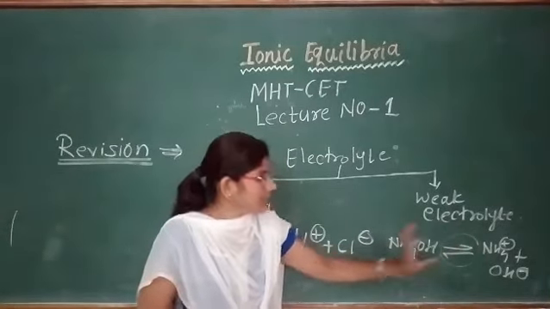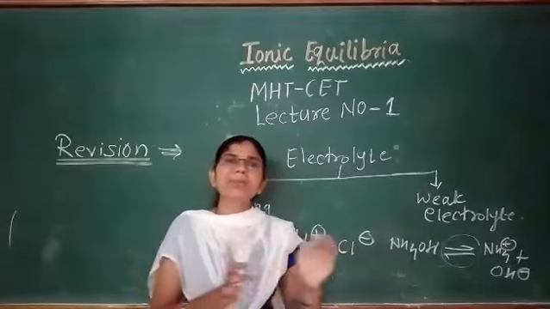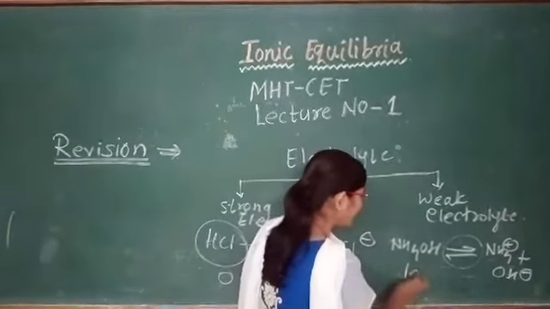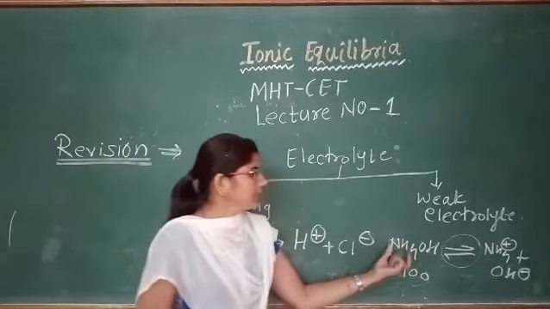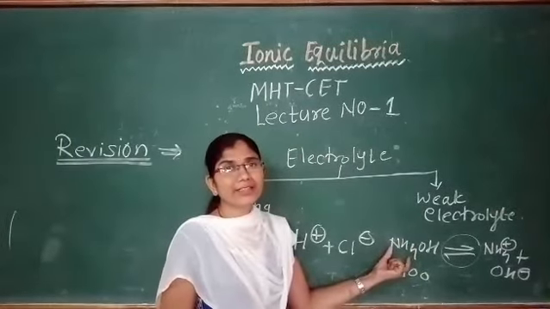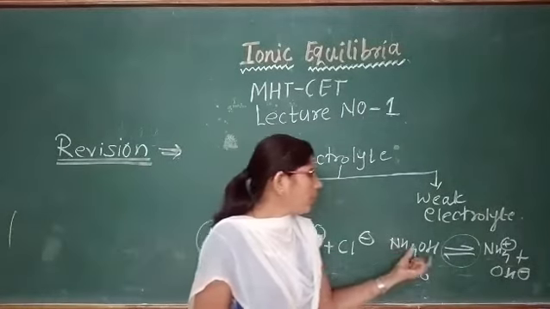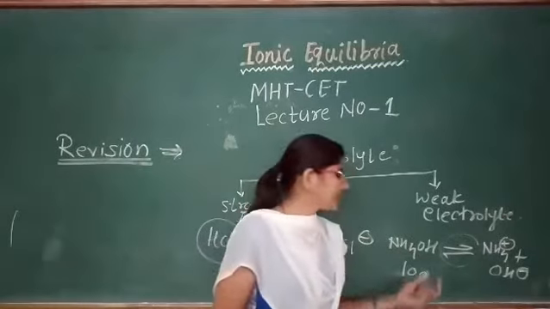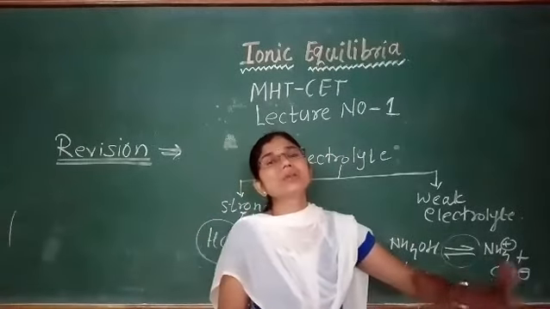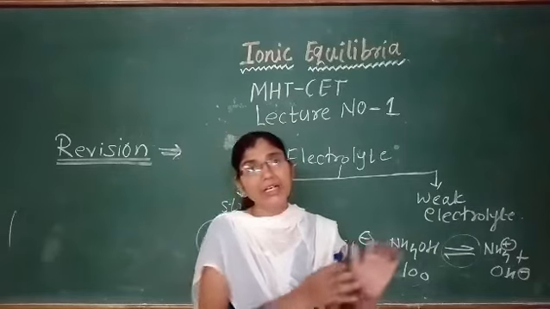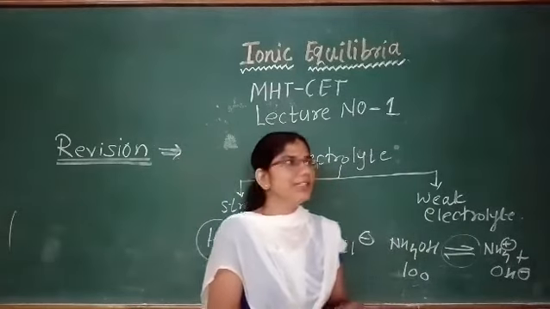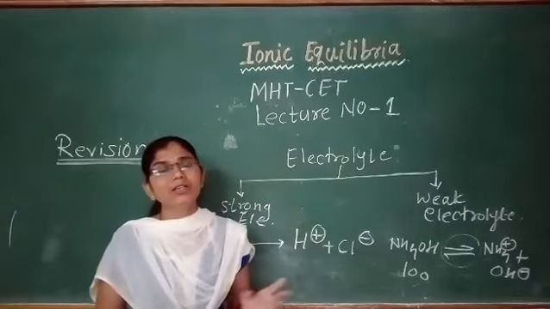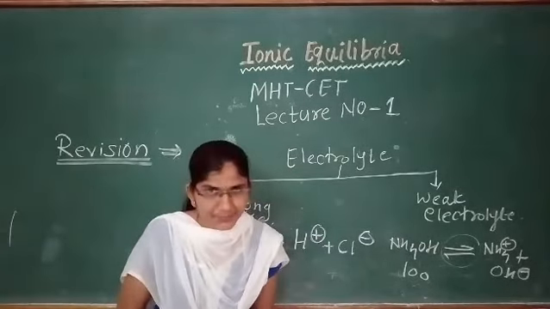But a weak electrolyte dissociates partially. If initially we take 100 moles of this weak electrolyte, then only a few molecules get dissociated. Such molecules are called weak electrolytes.